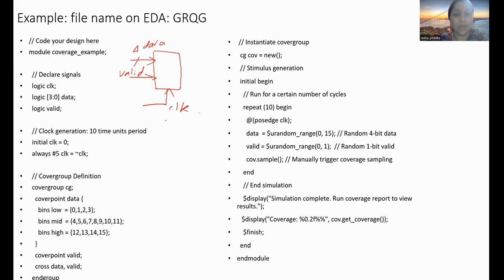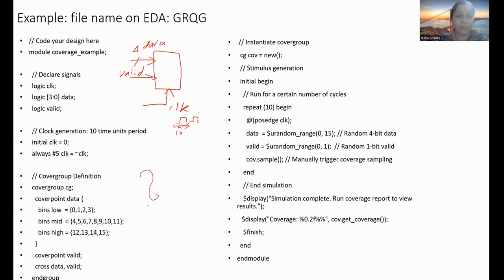Then for the clock, I generate an infinite loop using always and generate the clock signal. Every 5 time units it toggles, meaning I have designed a clock period of 10 time units.